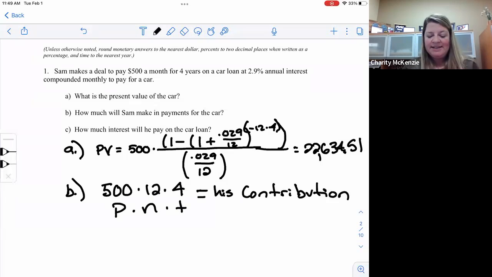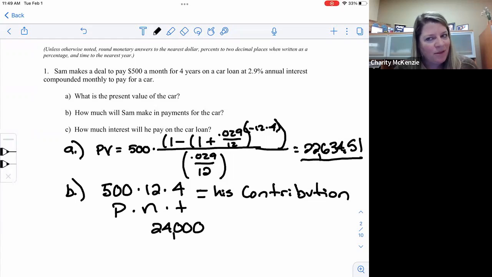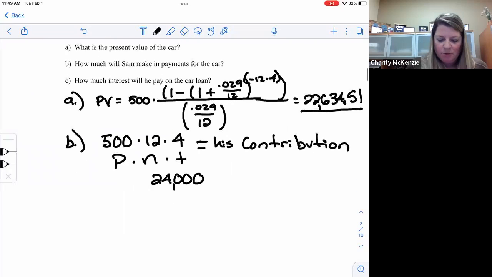So what is 500 times 12 times 4? He put in 24,000. Okay, so B is 24,000. Why is that more? Because this is an estimation of what that car is worth. Okay, so he would pay in 24,000.